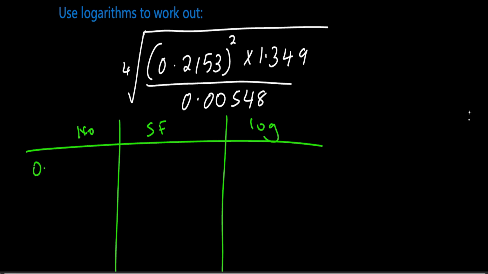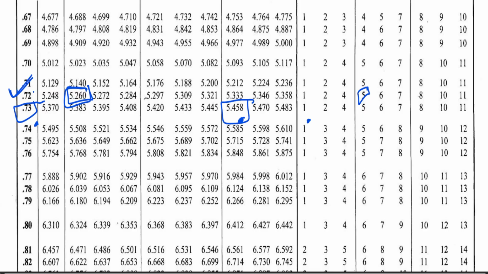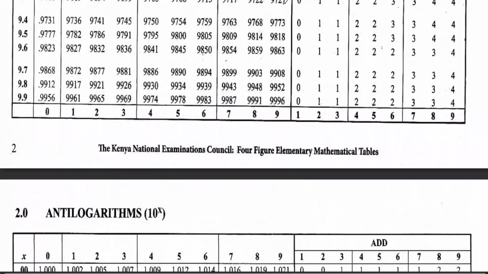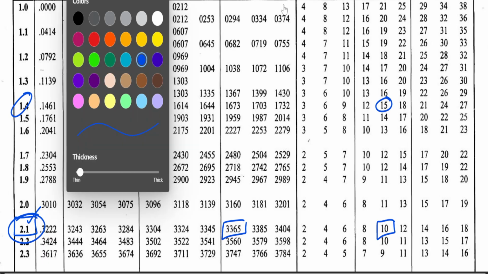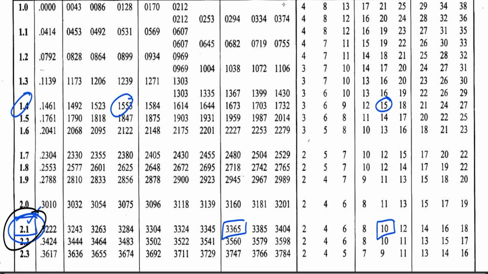The first number that you see is 0.2153, and I remember it's squared. So the standard form is going to be 2.153 times 10 to the power negative 1. Let's search for 2.153. 2.1, and then 5, and then we have 3.